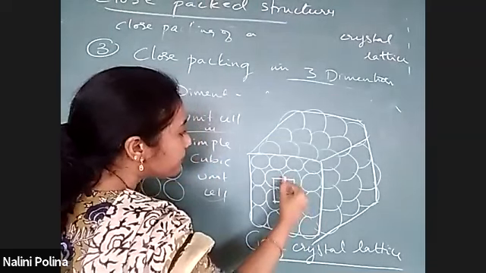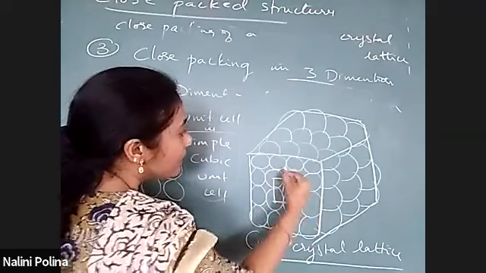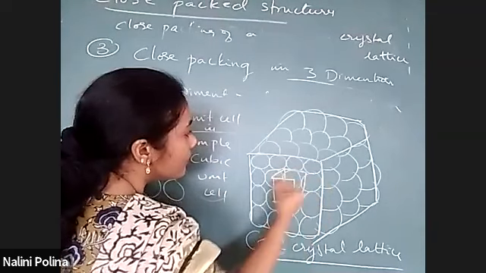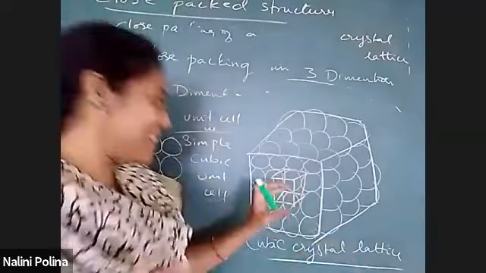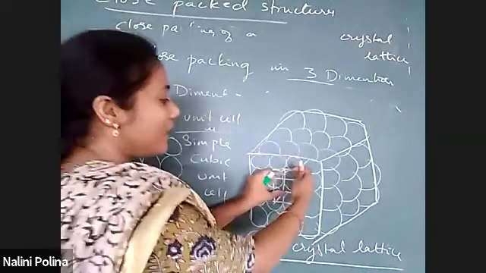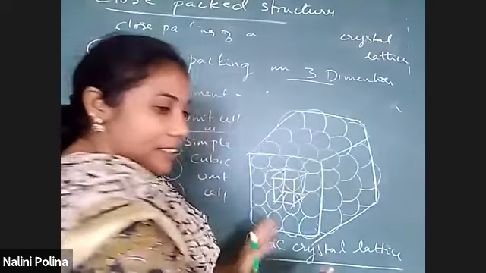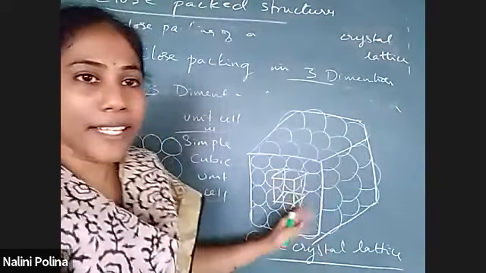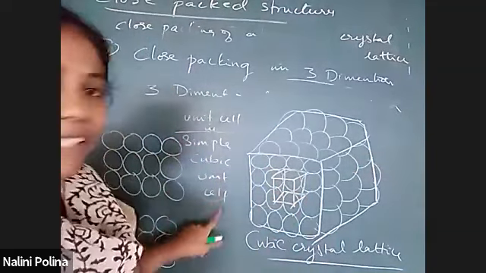Okay, bringing this visualization is very difficult, I am just trying. You can divide the entire crystal lattice into small units. And what type of unit cell will you observe here? Simple cubic unit cell. This is really very important.